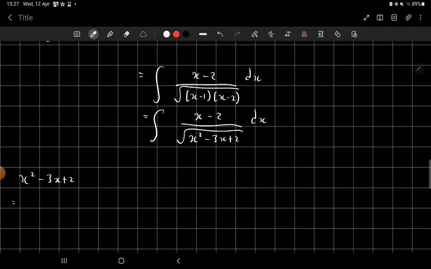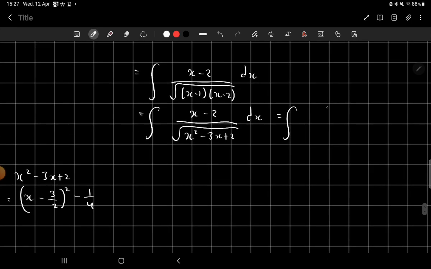I will obtain (x minus 3 over 2) squared minus 1 over 4. So in other words, this algebraic function, I could express it as x minus 2 divided by the square root of (x minus 3 over 2) squared minus 1 over 4 dx.